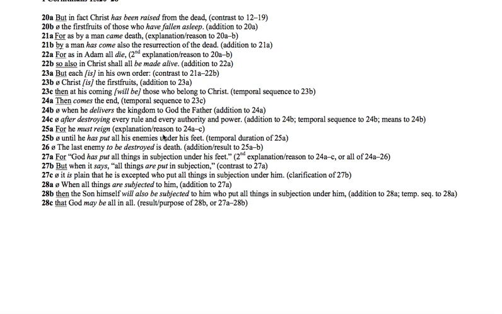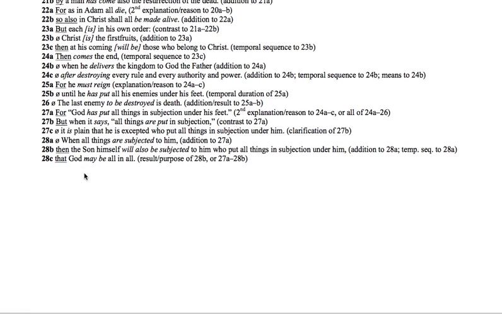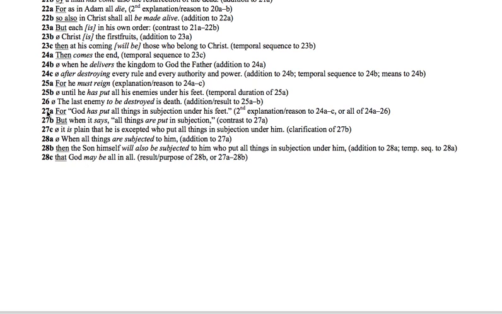So I've noted that it could be an additional idea to 25a to b, or it could be the result of 25a to b. Okay, so there's some option there, and because of asyndeton, we're not entirely sure how to understand that. Moving on to 27a, for God has put all things in subjection under his feet.